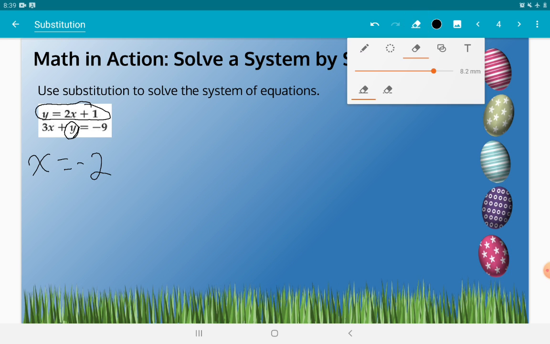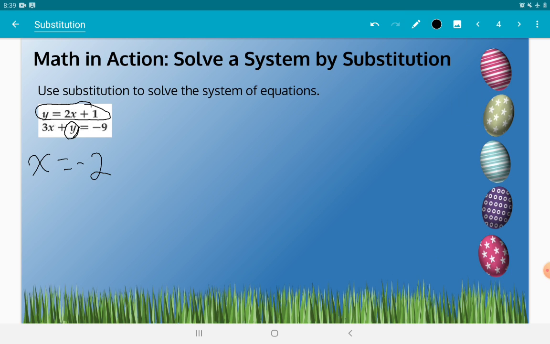So now that we know that x equals negative 2, that's great, but we still have to find out what y is. So now my goal is if I know what x is, I can put that anywhere in either equation that says x. I personally am going to substitute into the first equation.